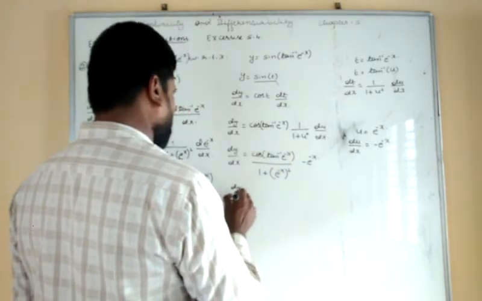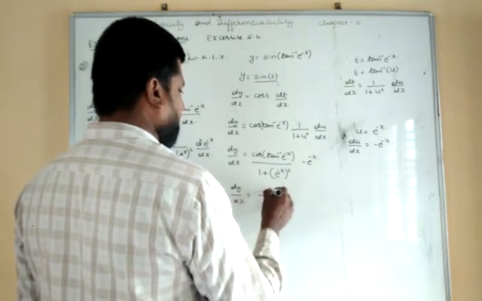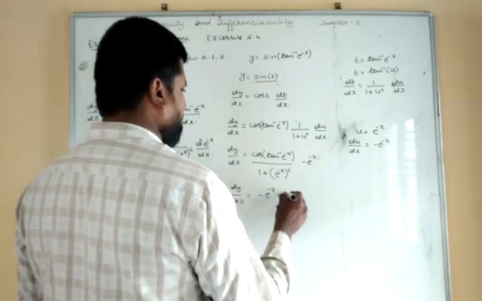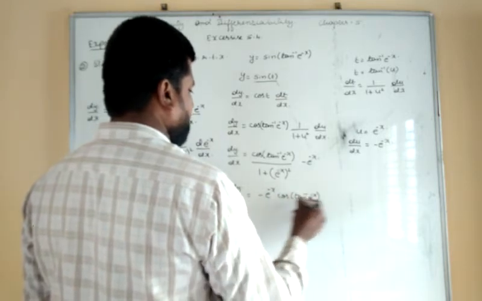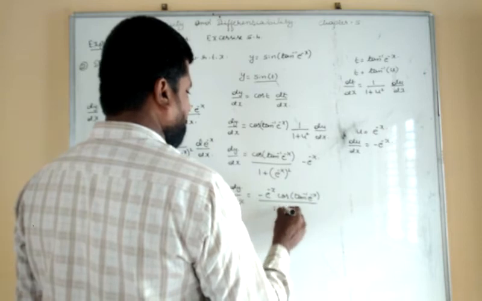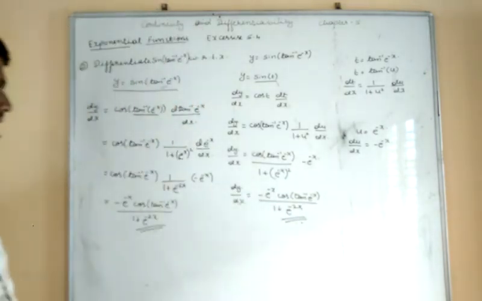Then dy by dx is equal to minus e to the power of minus x into cos of tan inverse e to the power of minus x by 1 plus e to the power of minus 2x. So this is the answer.